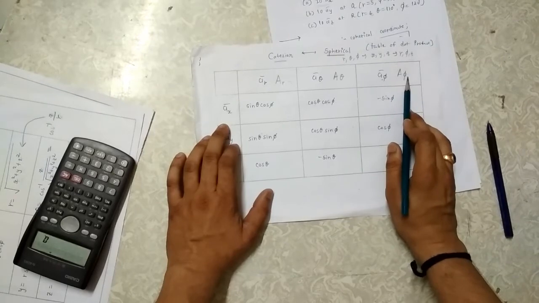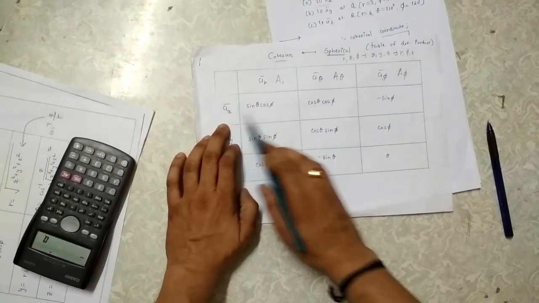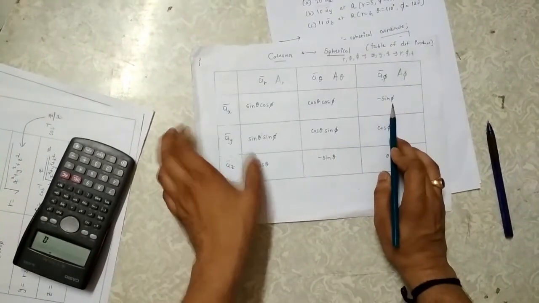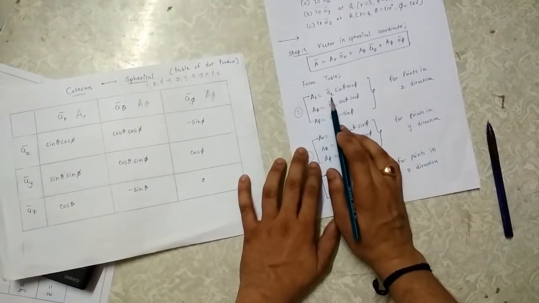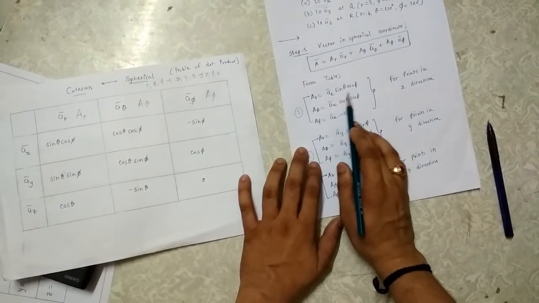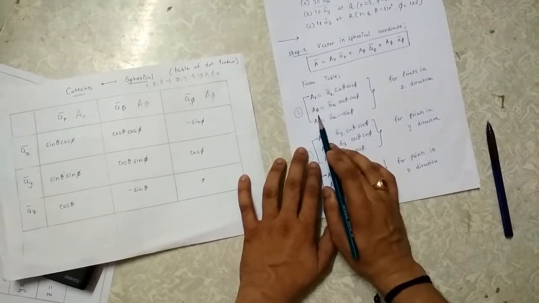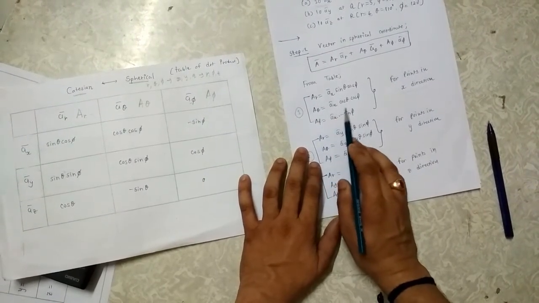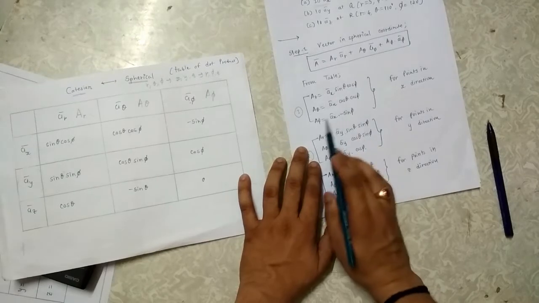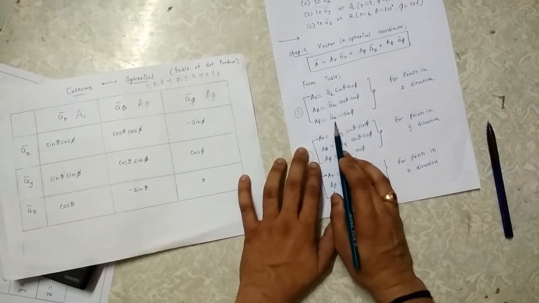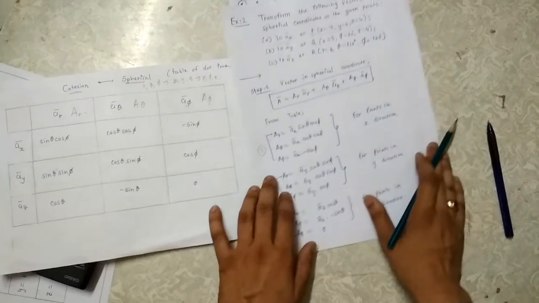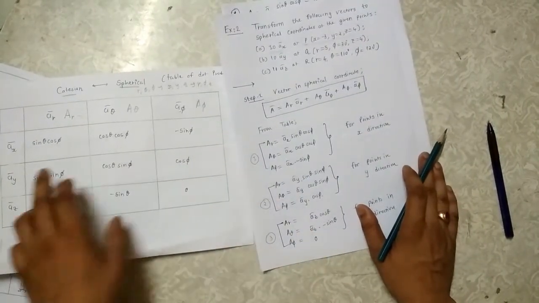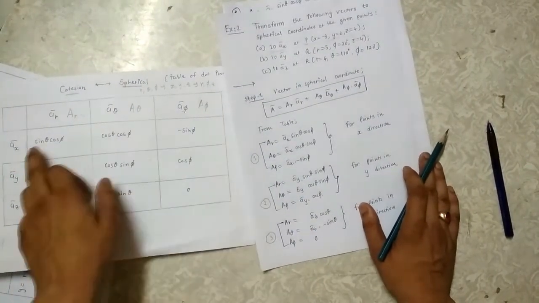Third, A phi is equal to Ax into minus sin phi. You can see here Ar equals Ax into sin theta cos phi, A theta equals Ax into cos theta cos phi, and A phi equals Ax into minus sin phi.